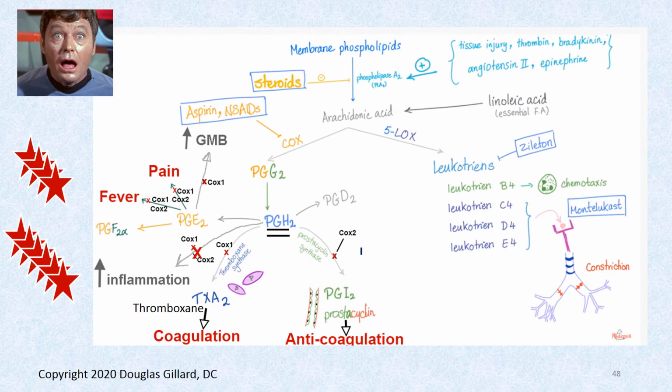But the big one I want you to remember for Cox-2 is right here. They stop the action of prostacyclin, and they stop the production. You need prostacyclin synthase to make prostacyclin. And without prostacyclin, you don't have any way to undo the coagulation that's going on over here. So this runs wild, and you have an increased chance of blood clots.